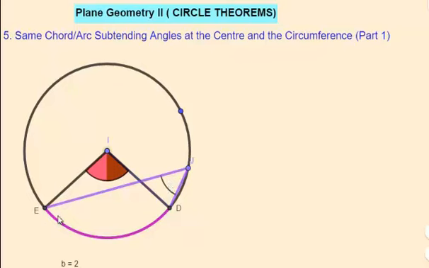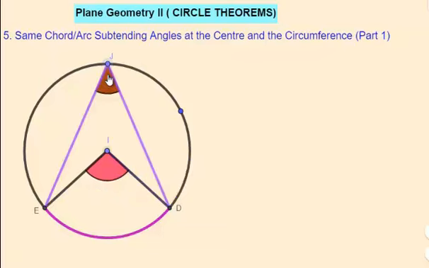What happens is that the angle at the circumference would be half of the angle at the center, and the angle at the center would be 2 times the angle at the circumference. So let's move it back to where we were. Now, 2 things happen.